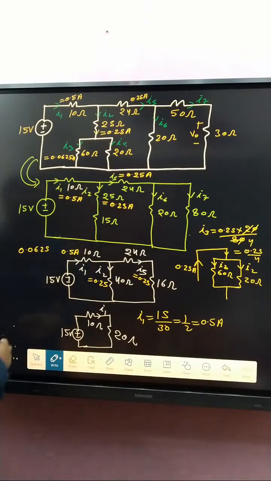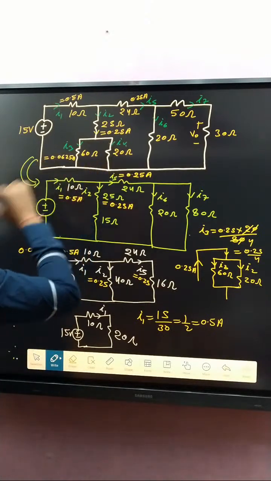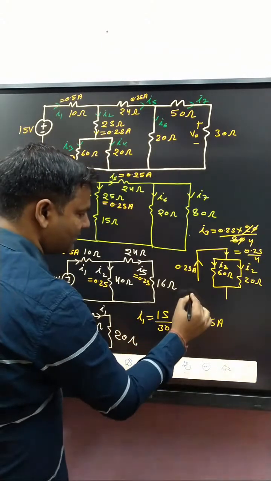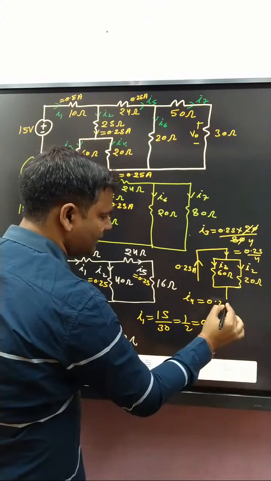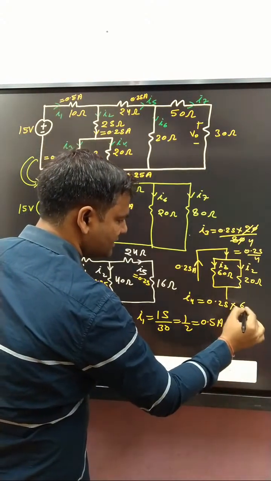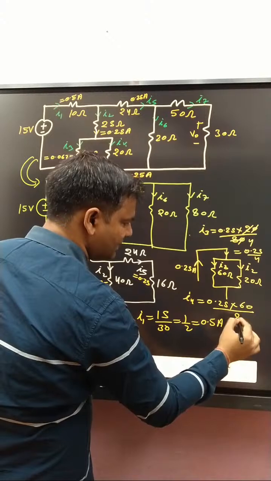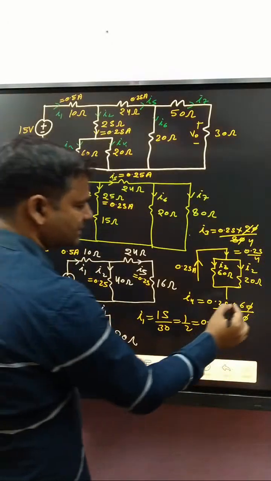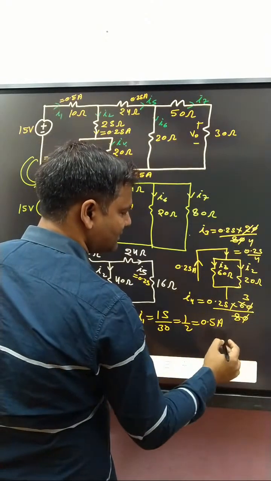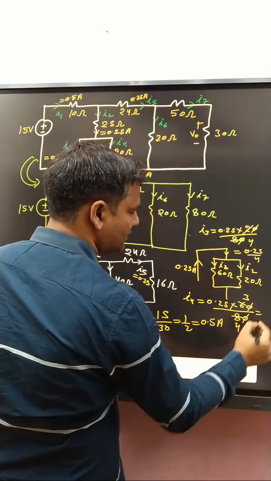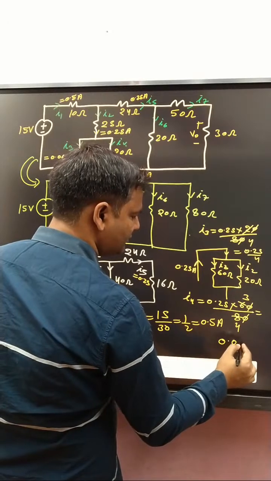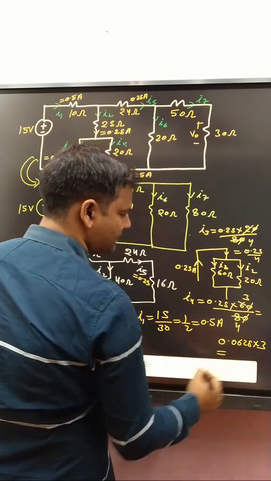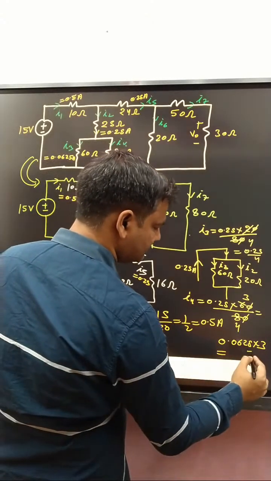So what about that current? This minus this, that is called I4. Or in other words, you can also apply the current division rule, 0.25 into 60 divided by the sum of these two, 80. Okay? So that is 3 and that is 4. 0.0625 into 3. So 3, 5.